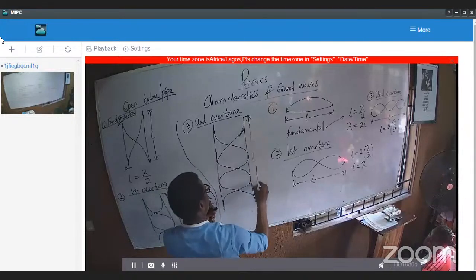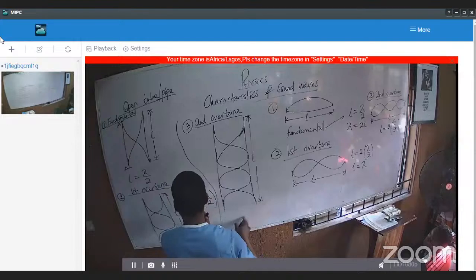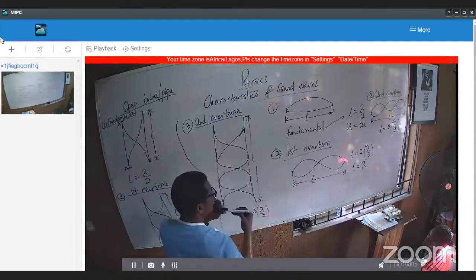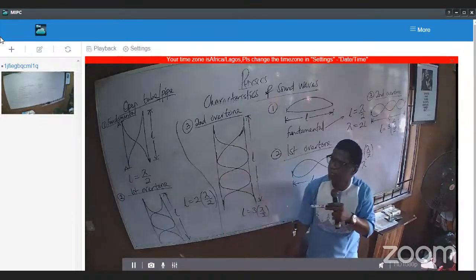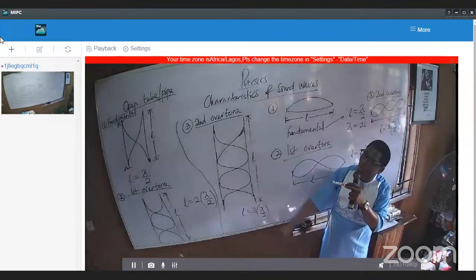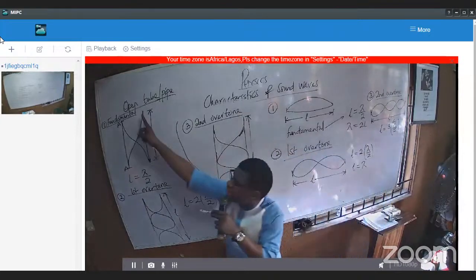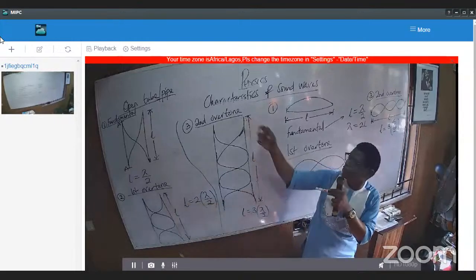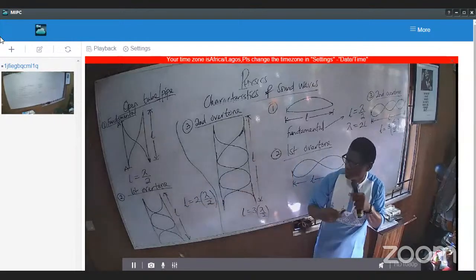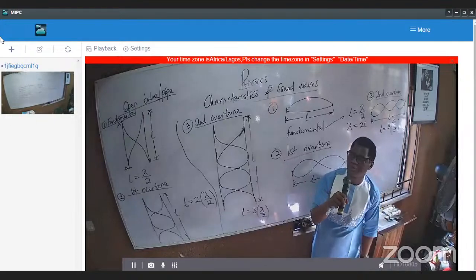This L is 3 into lambda over 2. So everything you have in string, they apply for open tube. At the open end of a tube is an antinode every time. So how will I know the first overtone?